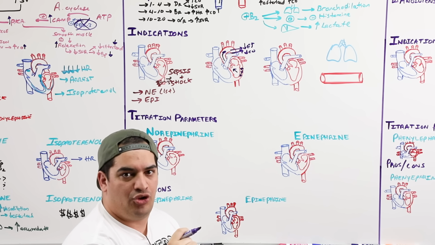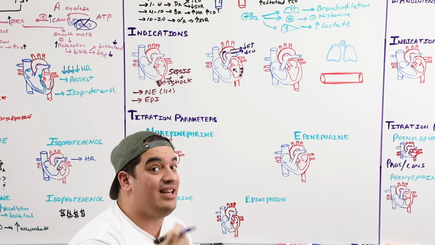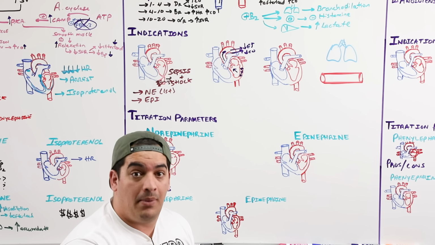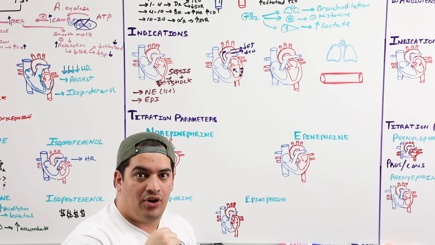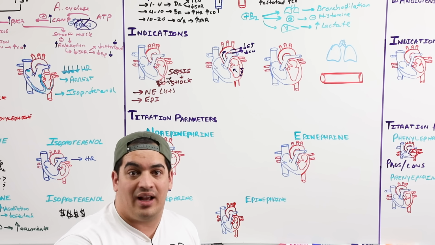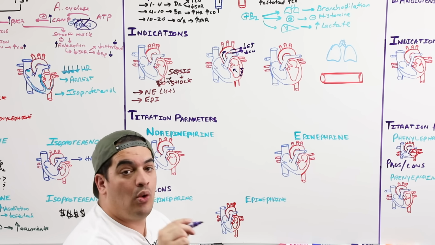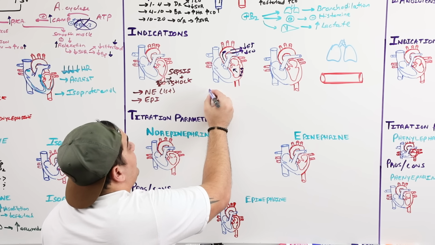What does epinephrine do to the beta receptors? Norepinephrine has a little bit of beta receptor activity, not as much as compared to epinephrine, but it has beta receptor activity. So it could increase the heart rate, increasing cardiac output, and it could increase the contractility, increasing cardiac output and ejection fraction. So in patients with cardiogenic shock, these drugs can be utilized, but guess what?